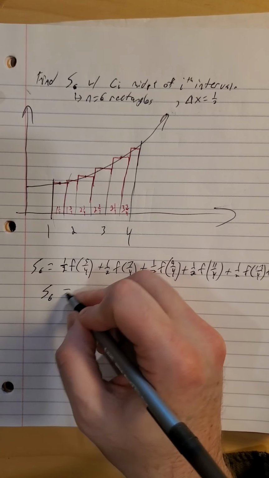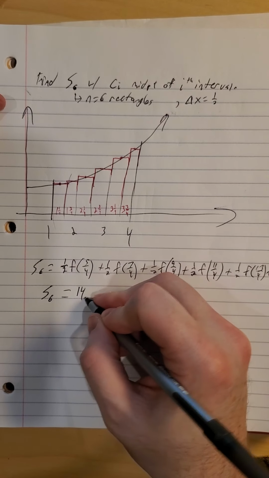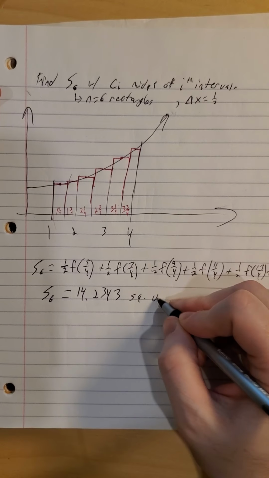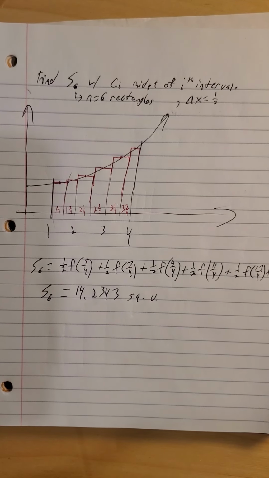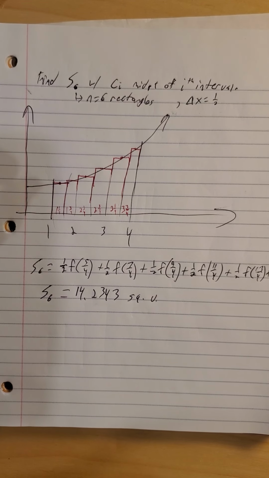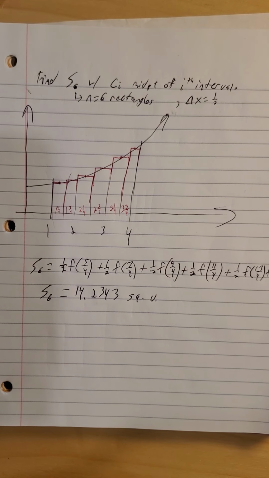Once you plug and chug all those, you should get 14.2343 square units. We'll see in our next section exactly what the area is and how close we are to it.